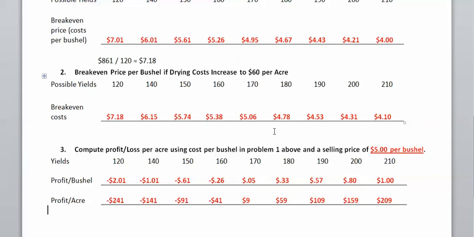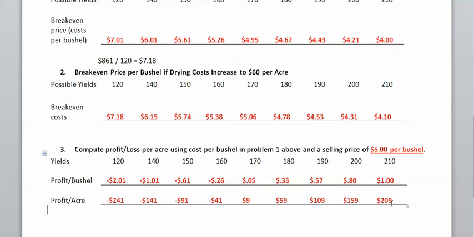So you can see we have a wide range here. We're losing $241 an acre at 120 bushel per acre production. We're making $209 an acre at 210 bushel per acre production. So the purpose of today's assignment is to understand how our actual production can affect our profitability.